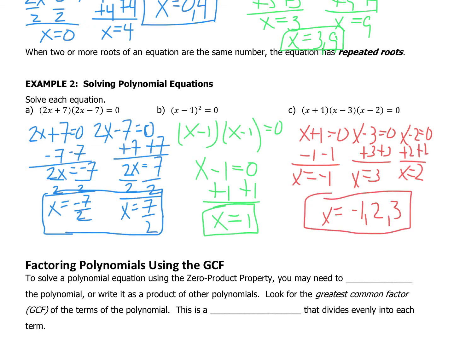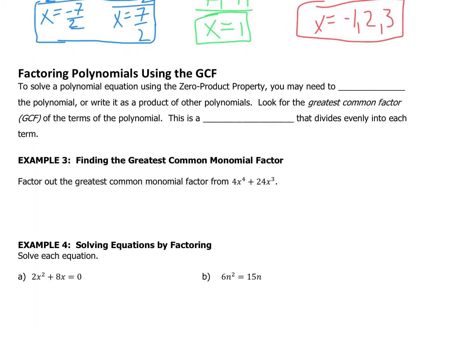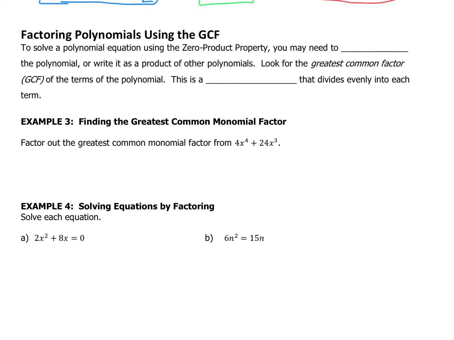All three of those answers would work in that equation because using one of those three numbers would make one of those expressions 0, and then when I multiply it by any other numbers, I would still get 0. So it's a really important property to make sure we understand. You've already used it in your life with just numbers, but now you'll be using it with variables and numbers in some factoring of polynomials.